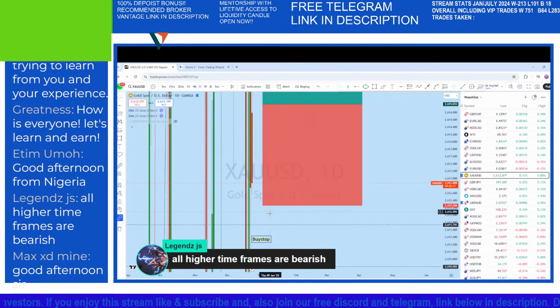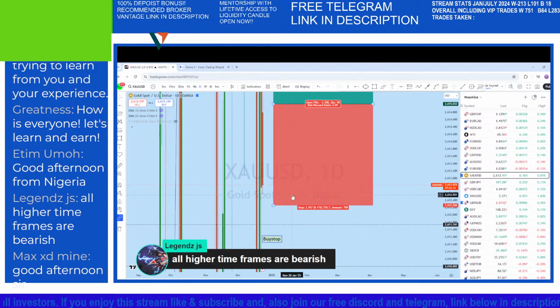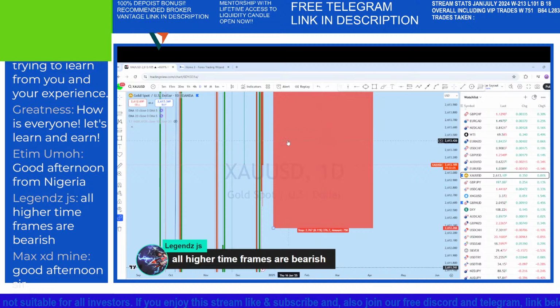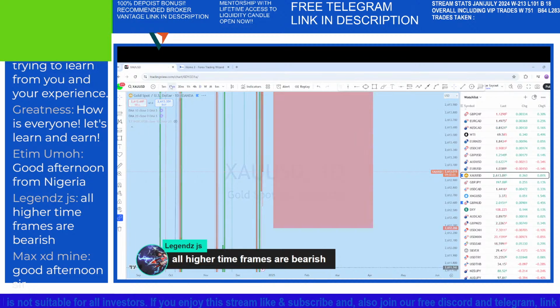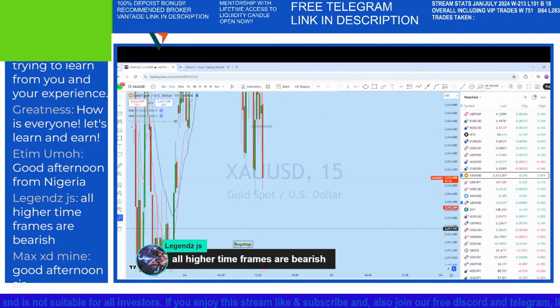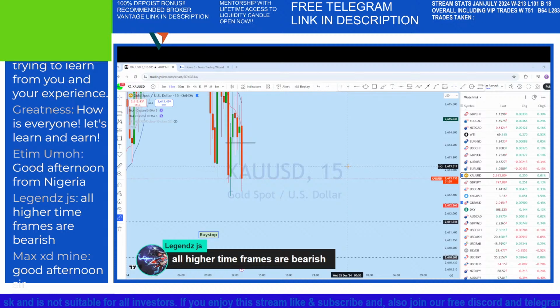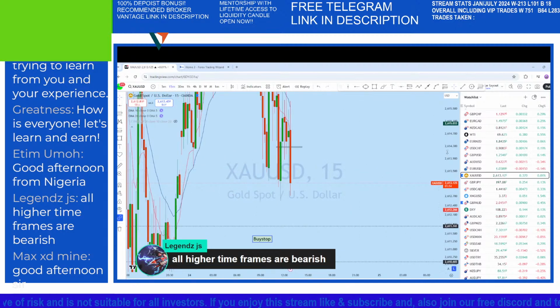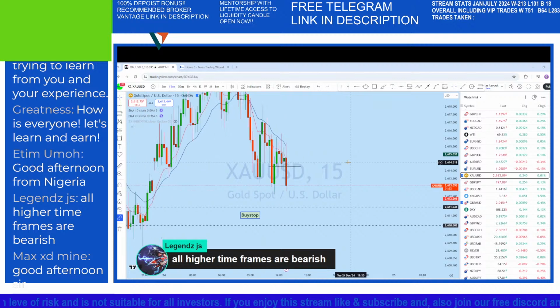Looking at the daily, so you can see a 15 minutes bearish engulfer here.